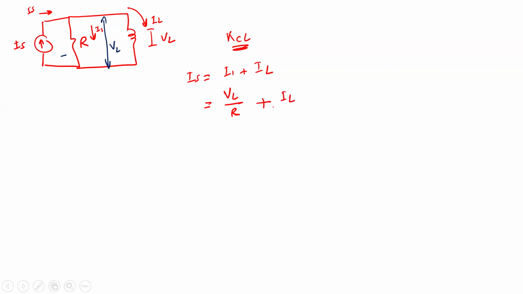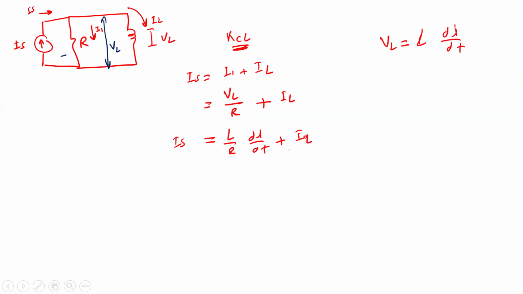Now, because this is an inductor, you know that VL should equal L di/dt. So this should equal L divided by R di/dt plus IL, and this should equal IS. Exactly.